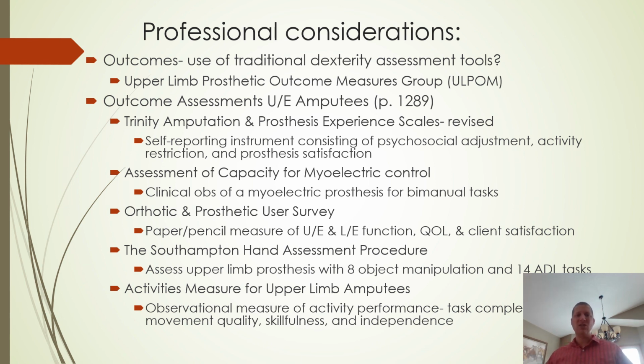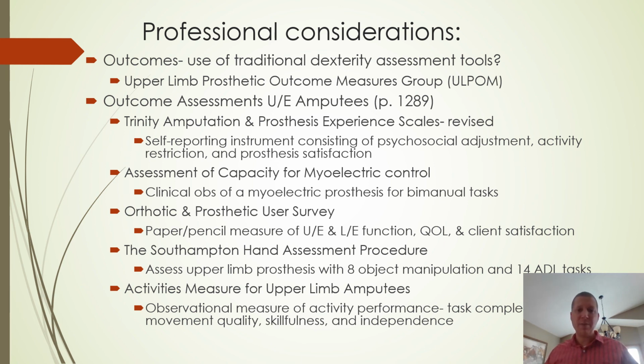Outcome assessments, particularly for upper extremity amputees. In your reading assignments, they have some specific ones like the Trinity Amputation and Prosthetic Experience Scales. It's a self-reporting instrument, looking at psychosocial activity restriction and how satisfied they are with their prosthesis.